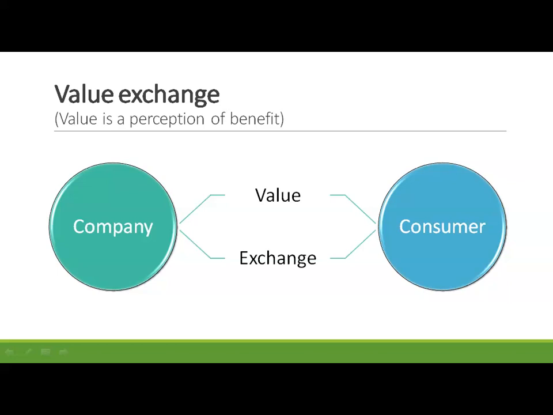So value is a perception of benefits rather than something that is material. It may or may not be quantifiable, or it may be highly valued or of limited value. It may also be subconscious rather than consciously assessed.